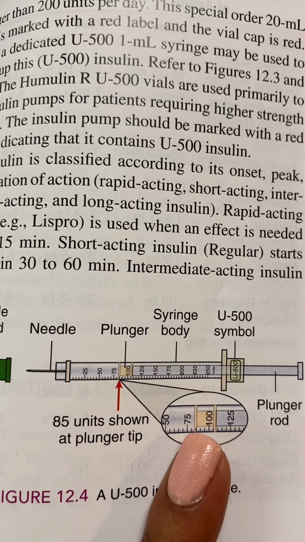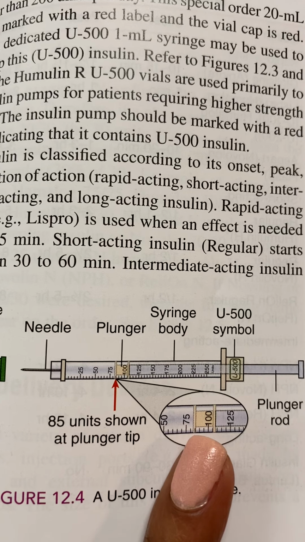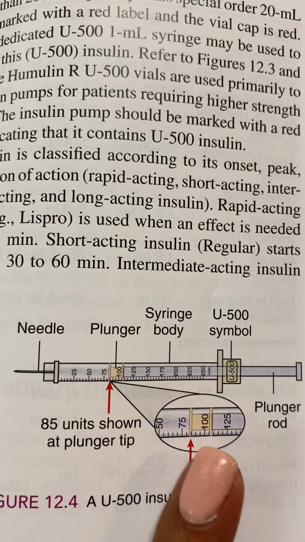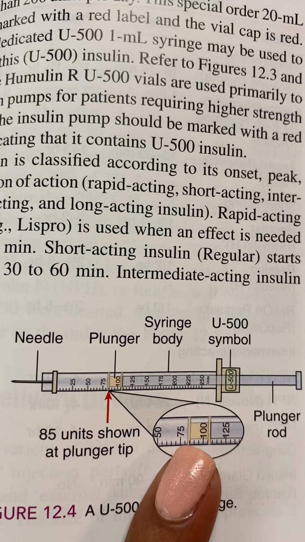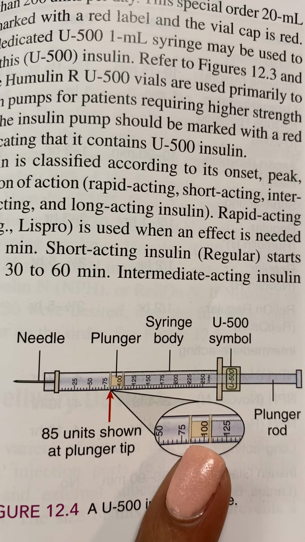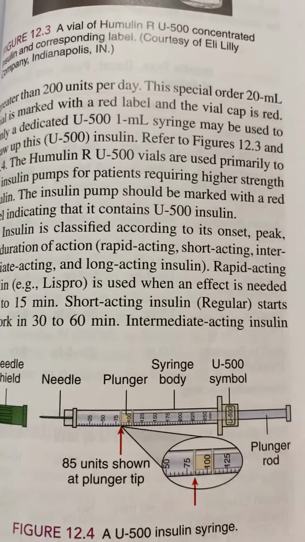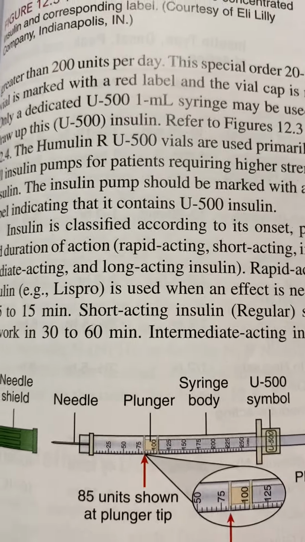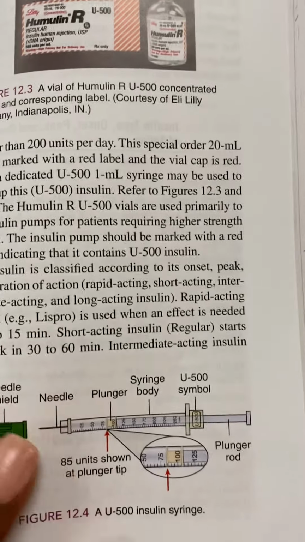So would that be 80? Would that be 85, 95, 105? What's wrong with that picture? Okay, let's try it again. What about 75, 80, 85, 90, 95, 100? So it's definitely important that you go back and make sure you understand the text, please.